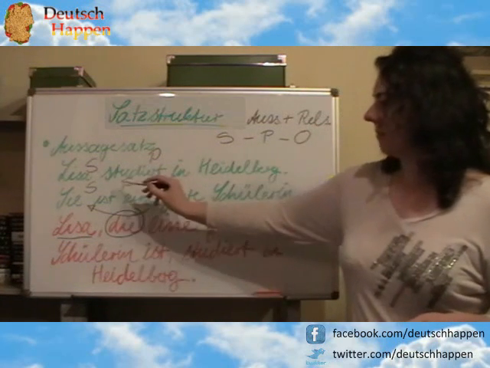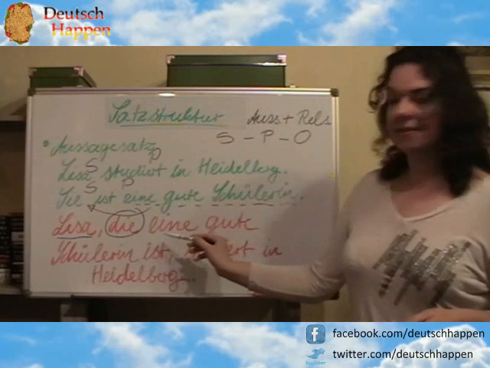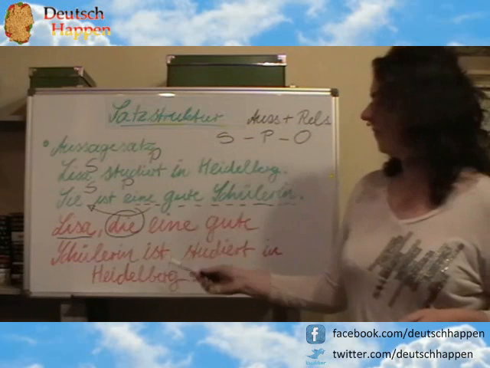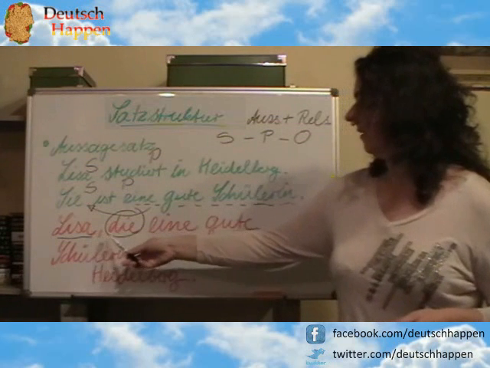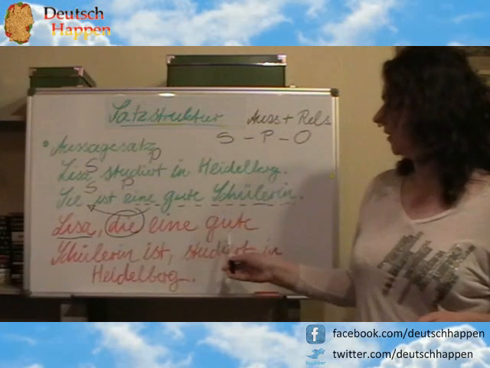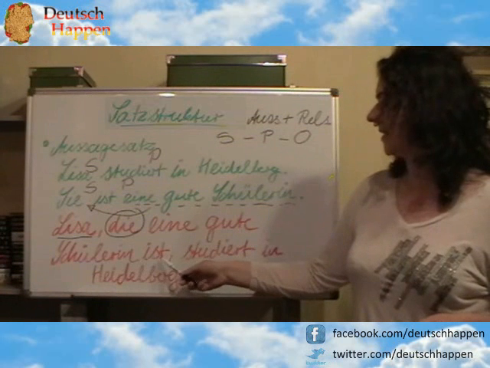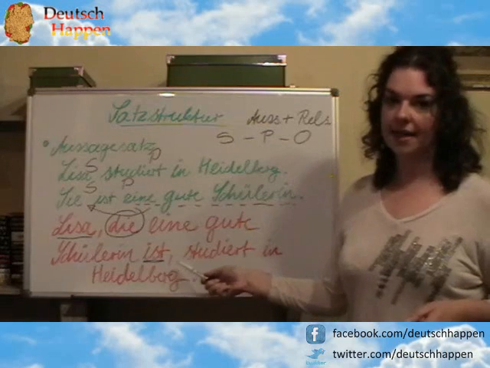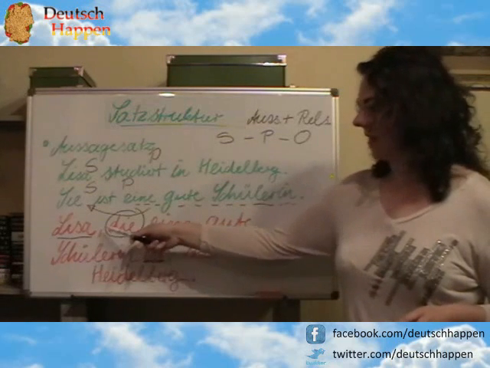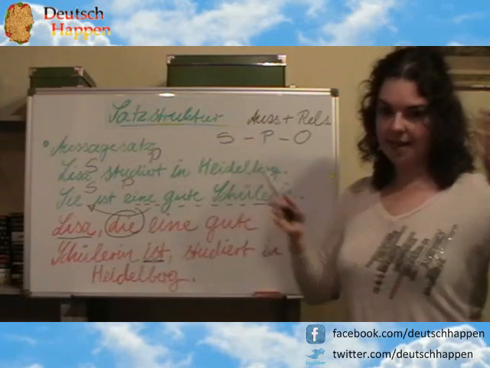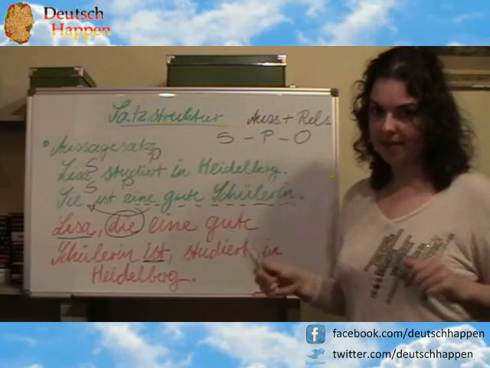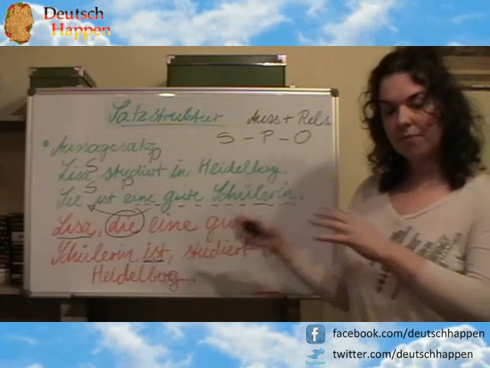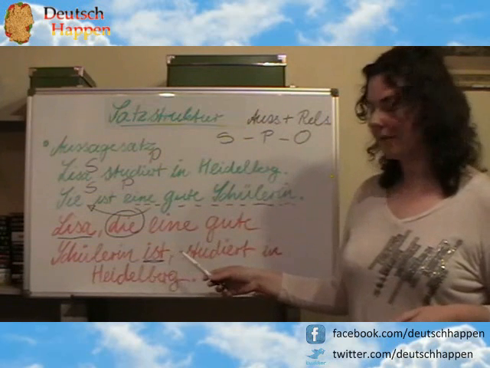Okay, so let's see what happens from the normal sentence now in the relative clause. So we have Lisa, die eine gute Schülerin ist. So this is the interesting part here. Besides, well, the relative clause is divided by commas from the rest of the sentence, but the verb position is actually the interesting one.